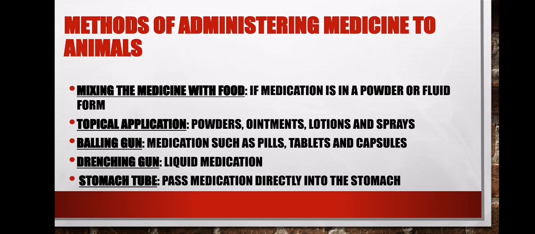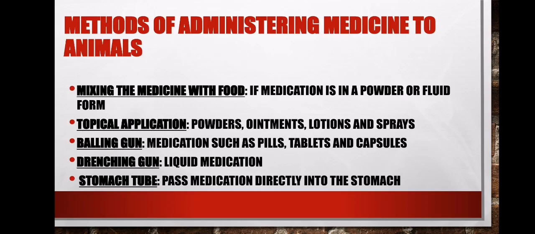When we look at these methods, there are three things that are important. One, you must know the method that we are using. Two, in some methods, you must also know the type of medication that we are administering using that method. Then in other methods, you must know where the medication is administered in the body of the animal.